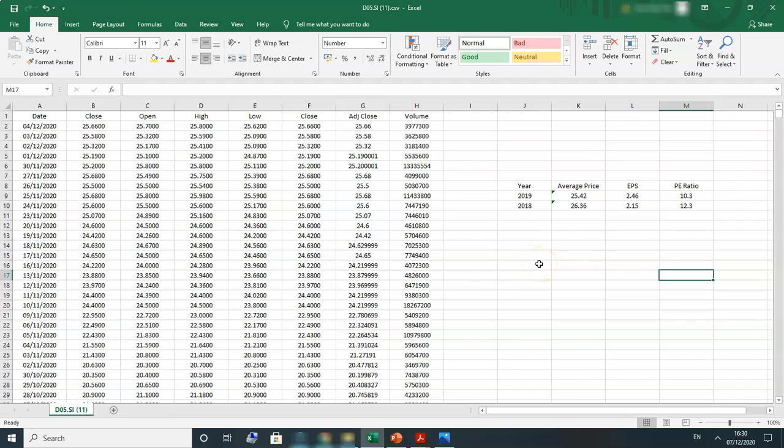Better still, we should have at least 5 to 6 years in order for us to calculate the PE ratio on an average basis. Do remember, this is a historical PE ratio. At this juncture, let me take a few moments to input the data for the other years.